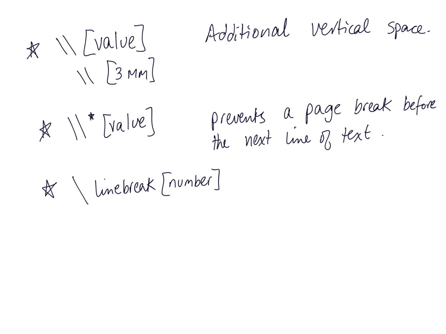So that's one way to use line breaks. And then the command line break has another counterpart, which is the no line break. So then that will prevent a line break at the current position.